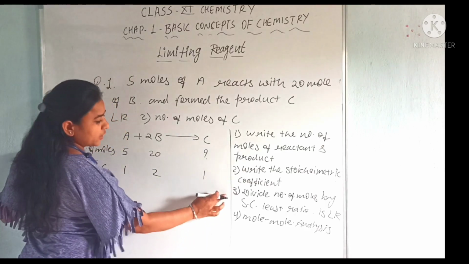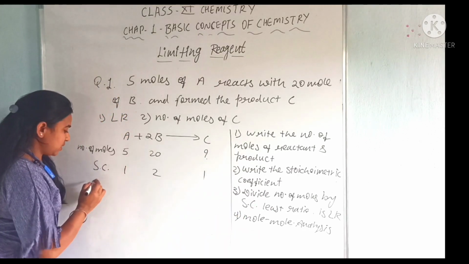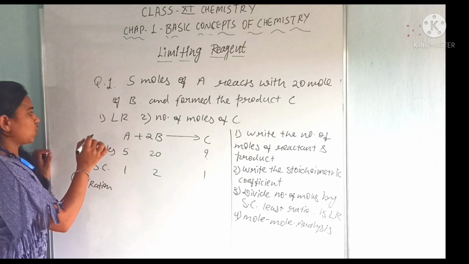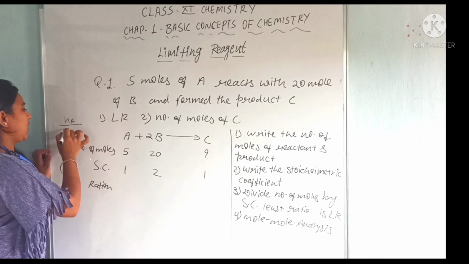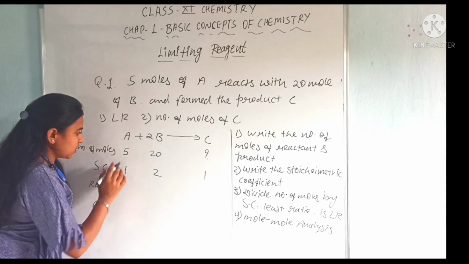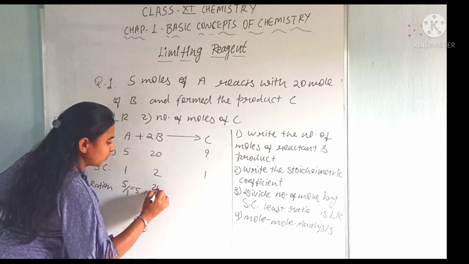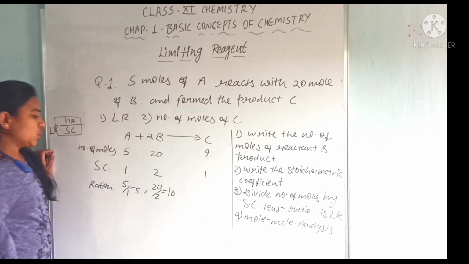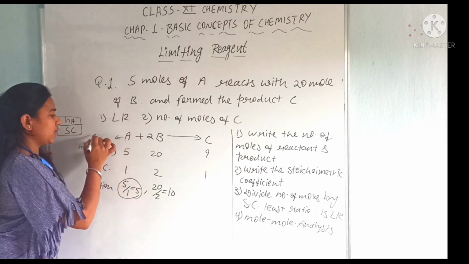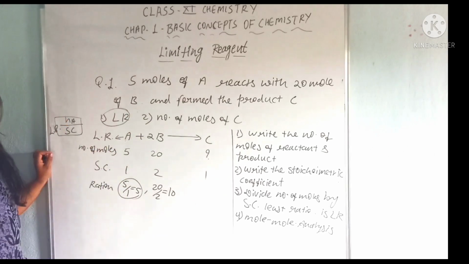Third point: divide number of moles by stoichiometric coefficient. So for A, 5 by 1 equals 5, and for B, 20 by 2 equals 10. So tell me, what is the limiting reagent? This is the least ratio, so A is the limiting reagent. Okay, so the limiting reagent is A in this reaction.